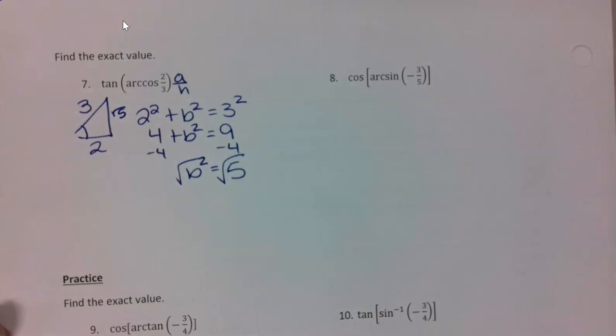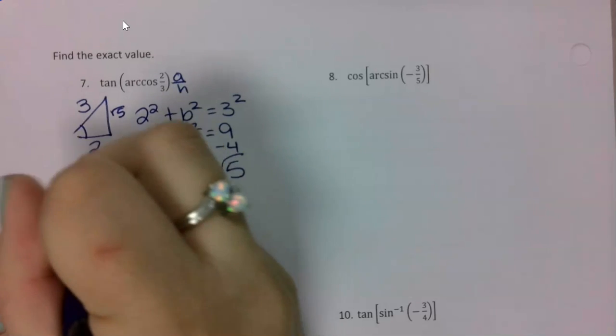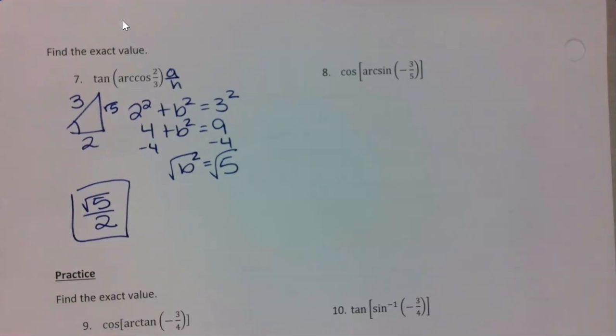So tangent is going to be what? Square root of 5 over 2. That's your answer? Yeah, that's my answer.